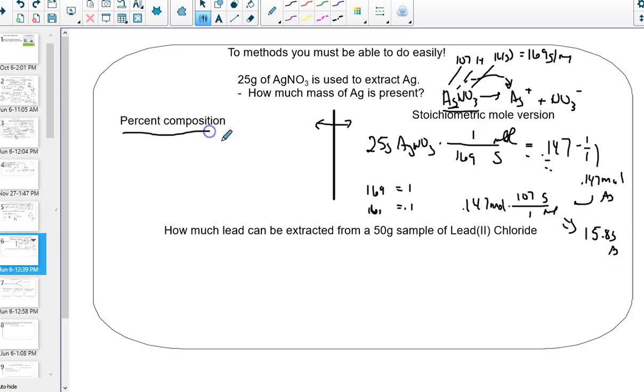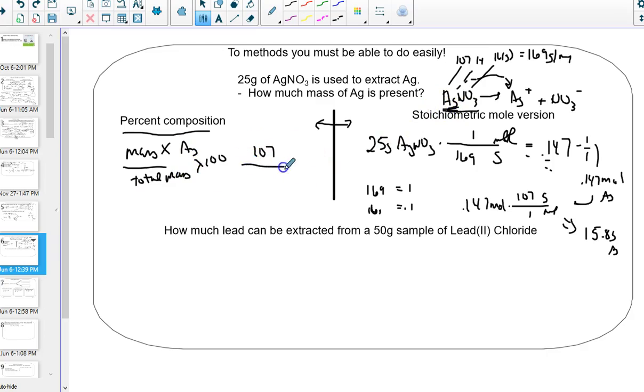Percent composition method is really important as well. We'll have a whole video of how we use that a little more, but here, percent mass is the mass of X substance divided by total mass times 100. So this is the mass of silver divided by total mass. So mass of silver is 107, it's right here.